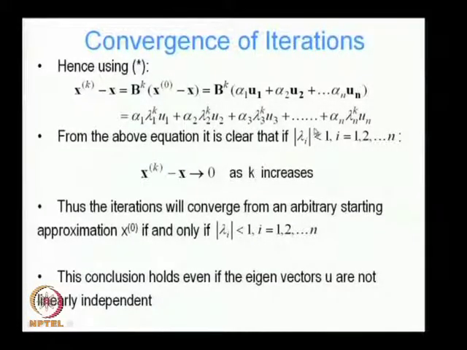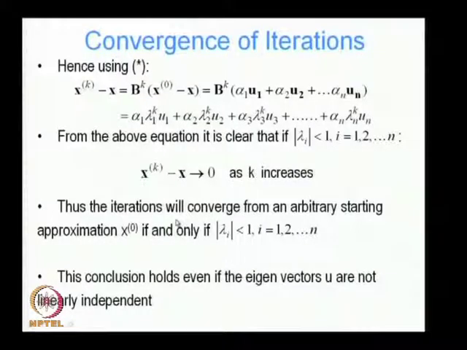It is going to become smaller and smaller as my k increases. So, we can be assured that if my lambda i's are less than 1, then x^k minus x is going to go to 0 as k increases. What does this mean? That means as I increase the number of iterations, my solution is going to become closer and closer to my true solution, provided my B matrix has lambda i's which are all less than 1.